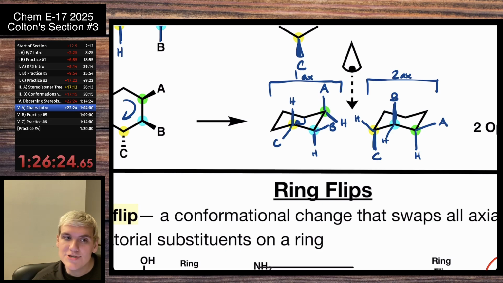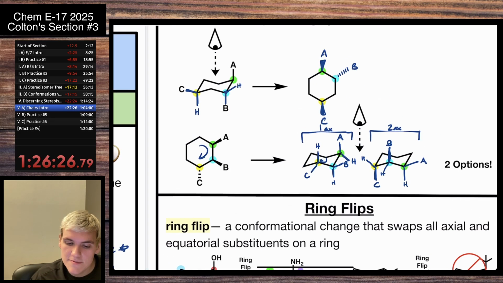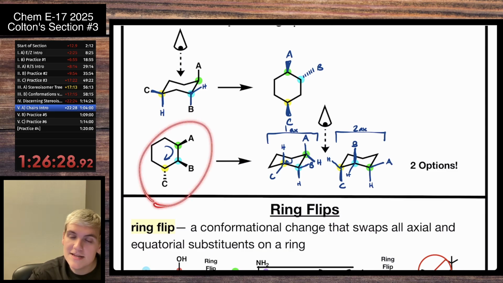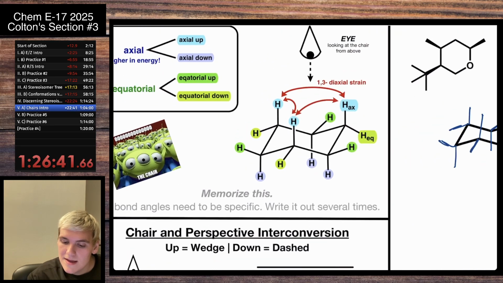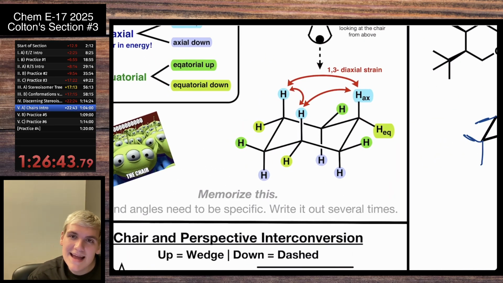So the classic question that we ask here with chairs is we'll give you a molecule and say draw the 2 chair conformations for this molecule, and then say which one's more stable. And the last fact that we need to be able to say which is more stable is related to this idea of diaxial strain.